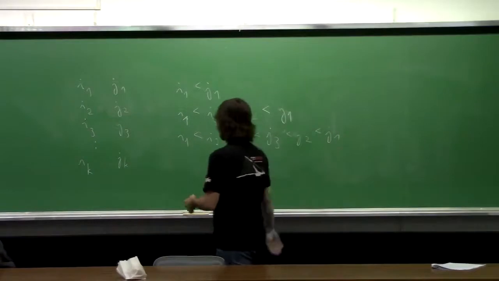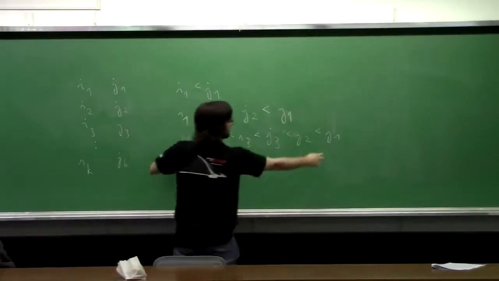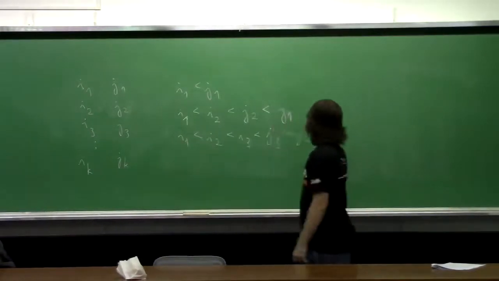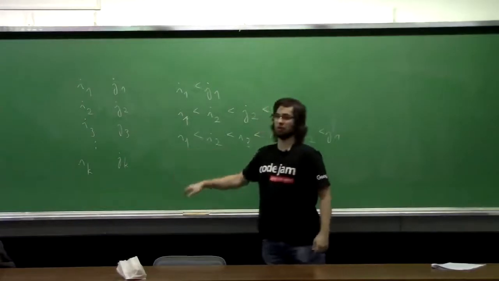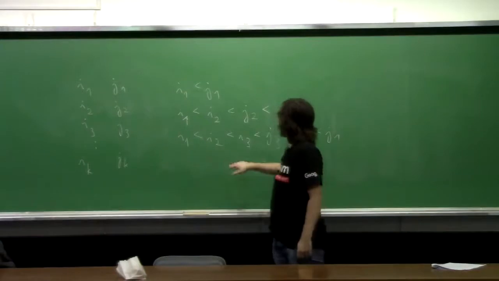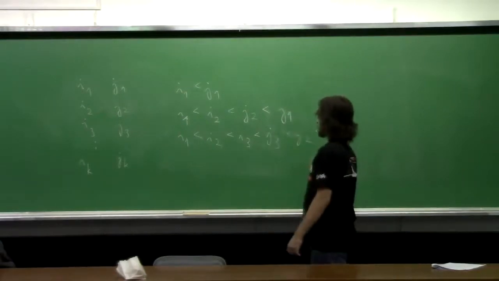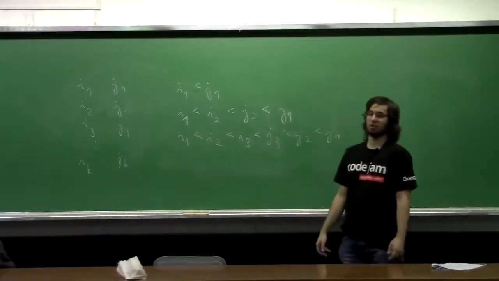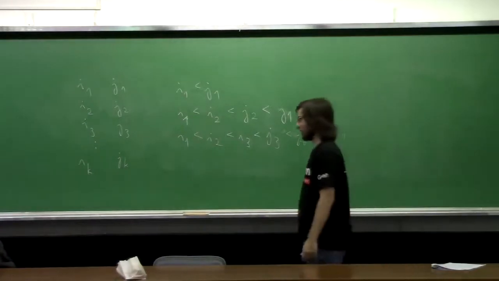For the duck with this index and this index, they need to have the same species, so A_I1 is the same as A_J1, A_I2 is the same as A_J2, etc. And this is basically the definition of a palindrome.